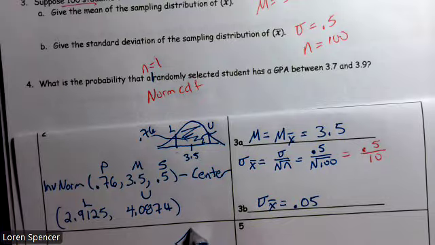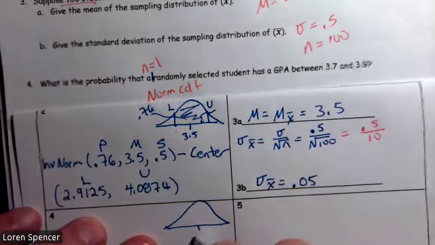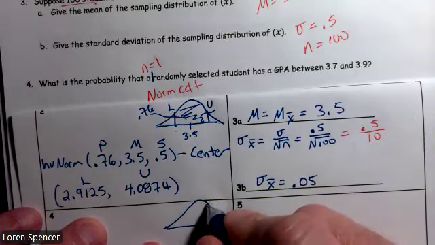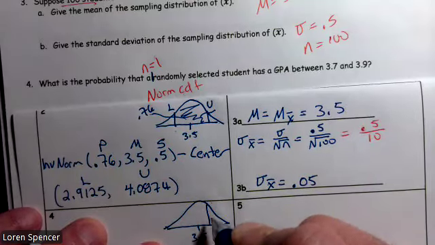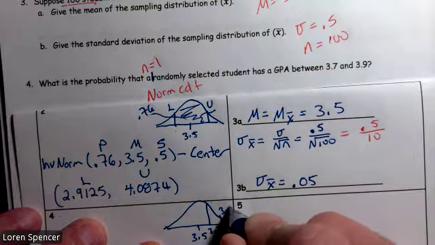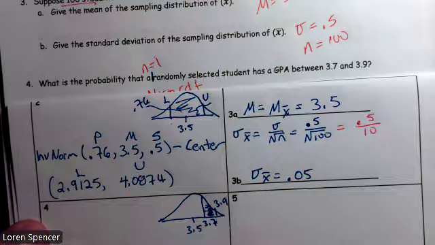Well, we know the mean. The mean is here at 3.5. And we're looking for 3.7 to 3.9. Now, where you put the 3.7 and 3.9, if you put them up top or down below, it doesn't matter. So that's my shaded area.